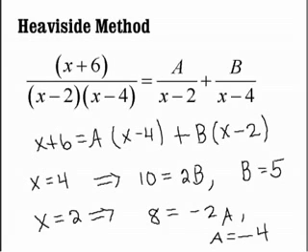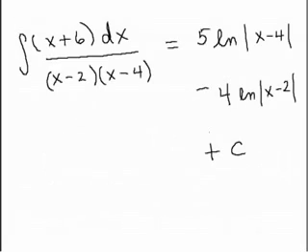If x is equal to 4, we get 10 equals 2b. So b is 5. If x is equal to 2, we get 8 equals negative 2a. So a is equal to negative 4. And this leads us to the final result of this integral.